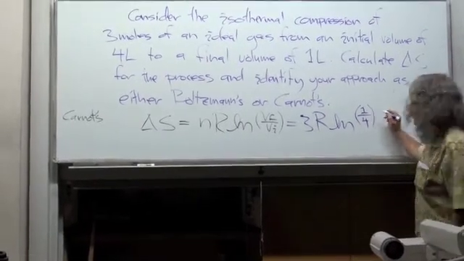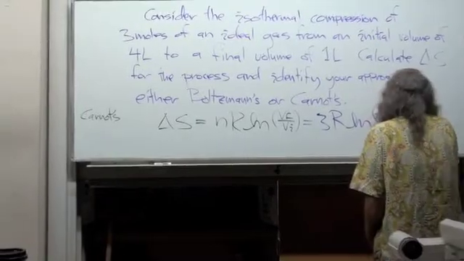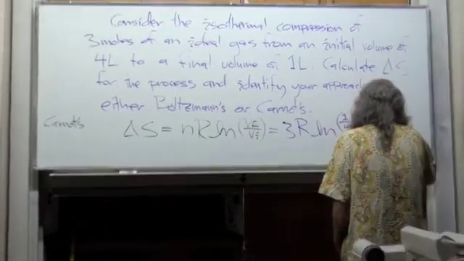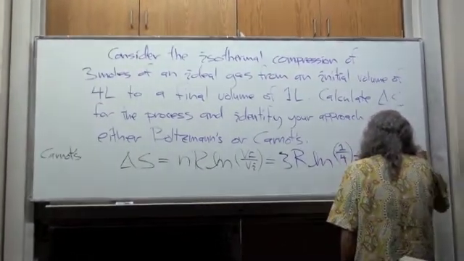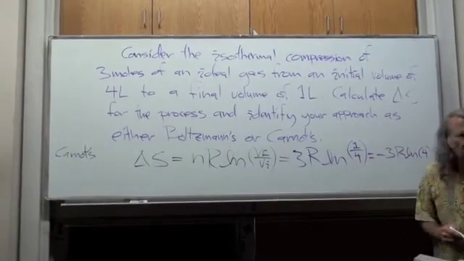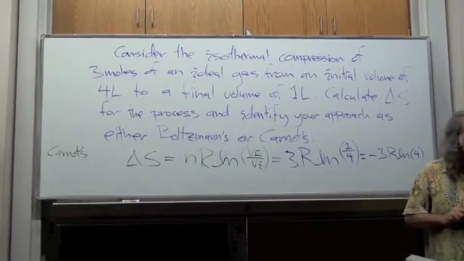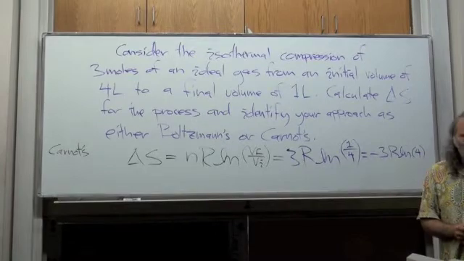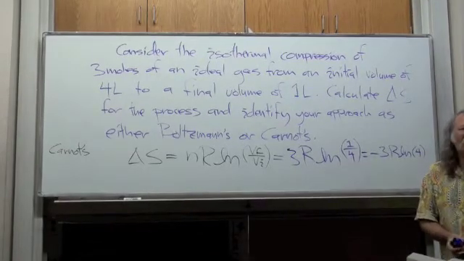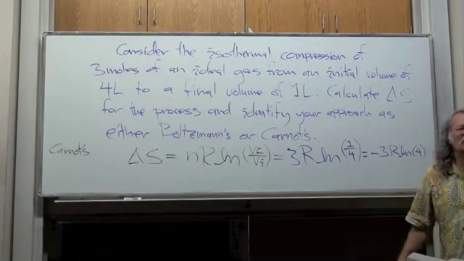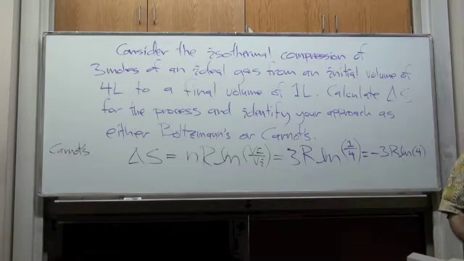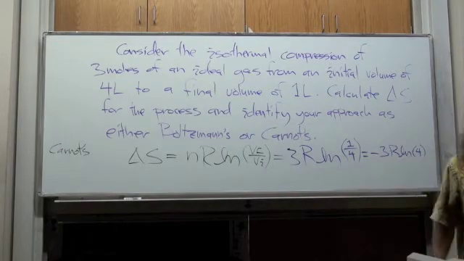Equals minus 3R natural log of 4. And that is a sufficient answer. So that is smooth and simple. And since Carnot studied efficiency, I would give you that answer. This is probably the more efficient.